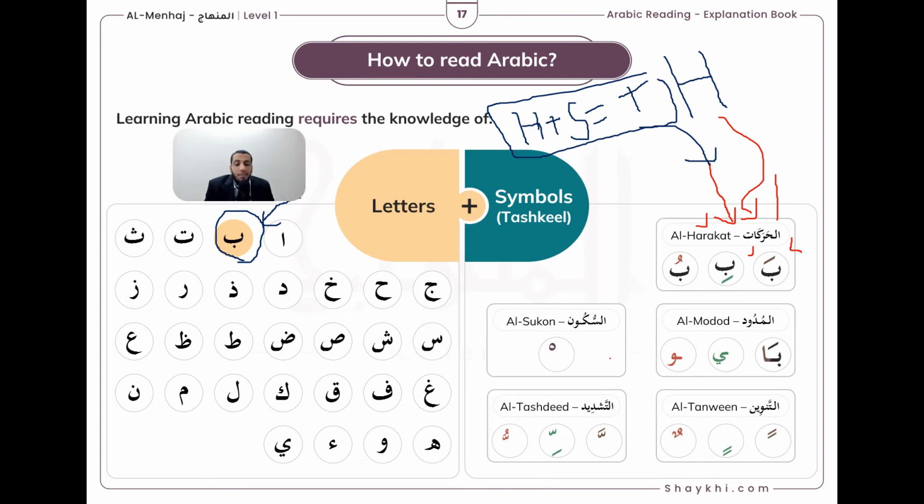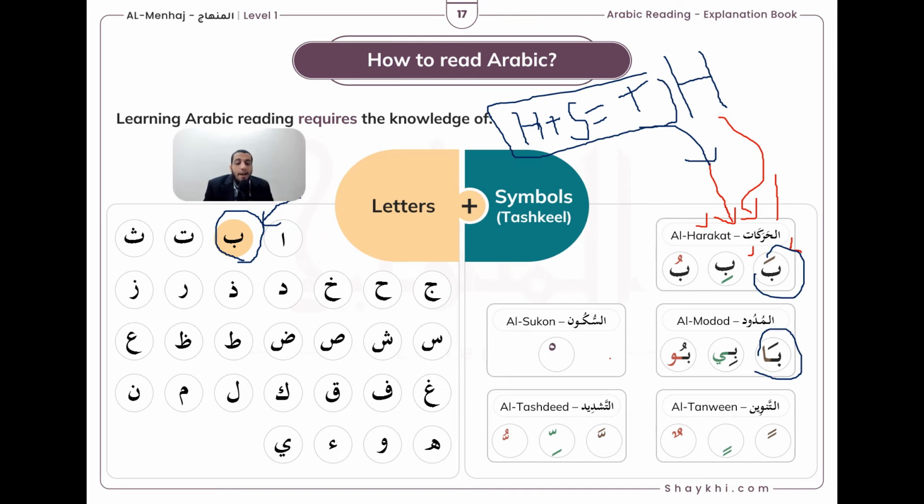Okay, and then al-mudud. Al-mudud is the same as al-harakat but with a long vowel sound. So ba, if we said the first ba was like 1 second, the second baa will be 2 seconds because it's longer. Okay, and then we have bii, the same idea as al-kasr but longer.